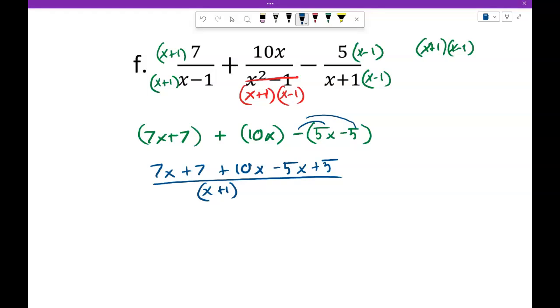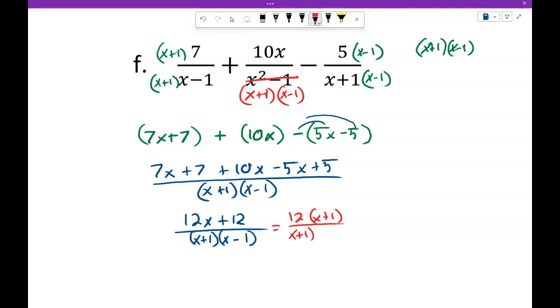All over our common denominator. We'll go ahead and combine like terms. We'll factor out our GCF. And we have common factors, so we can completely simplify.